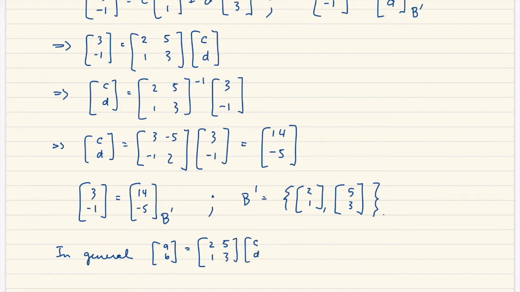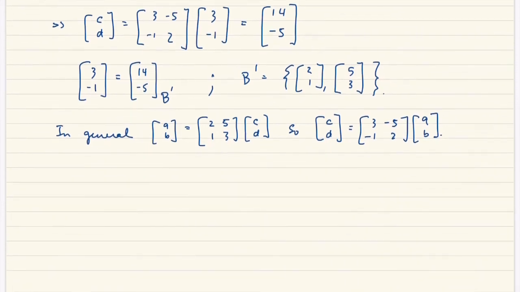In other words, CD is going to be the inverse matrix, which we said was 3, negative 5, negative 1, 2, times AB. And I can do that for any vector AB that I want. Okay, so there's a change of basis there.